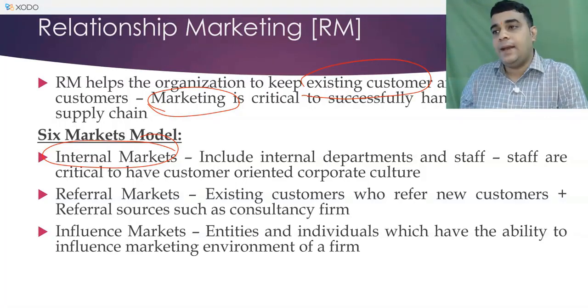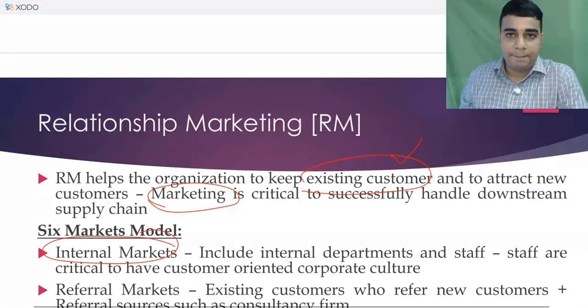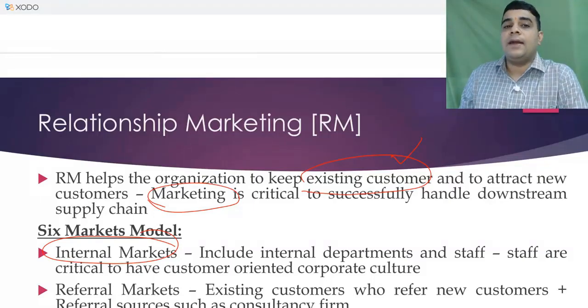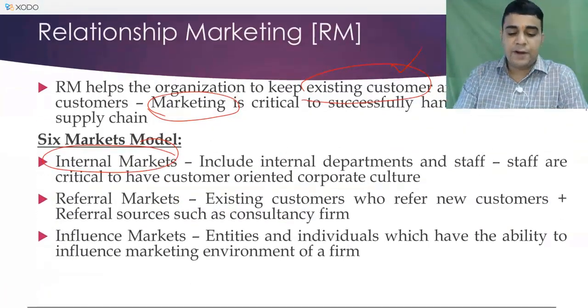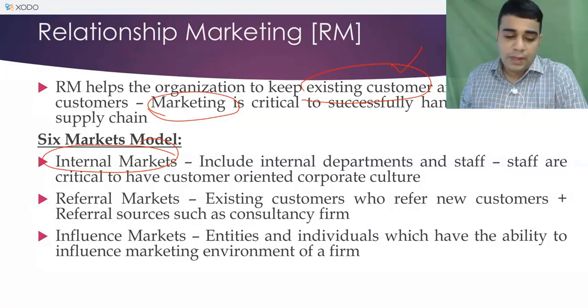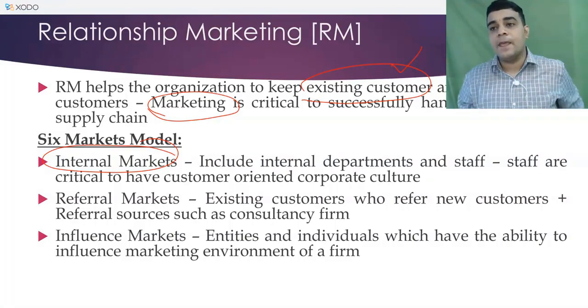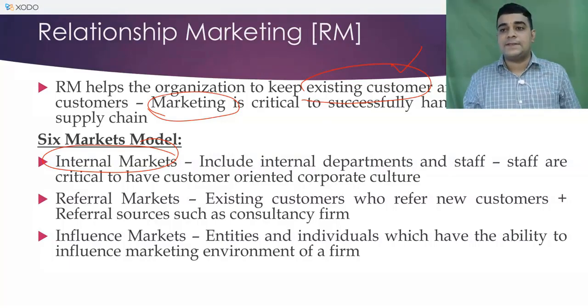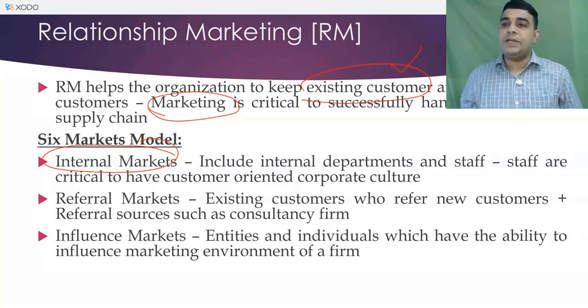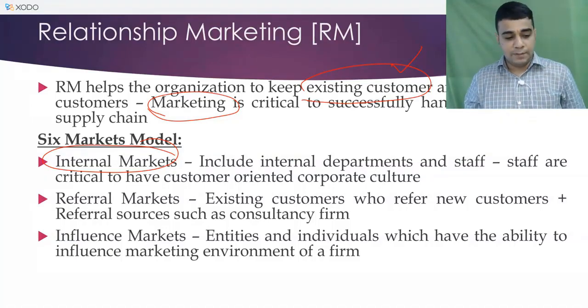If you are able to manage them, see, the final objective is this: keeping the existing customers happy and attracting new customers. Referral market: existing customers who refer new customers, that is basically you, and some referral sources such as a consultancy firm. You may try to have some agents or some companies appointed. They will give me potential leads saying that these are the customers who are possible.